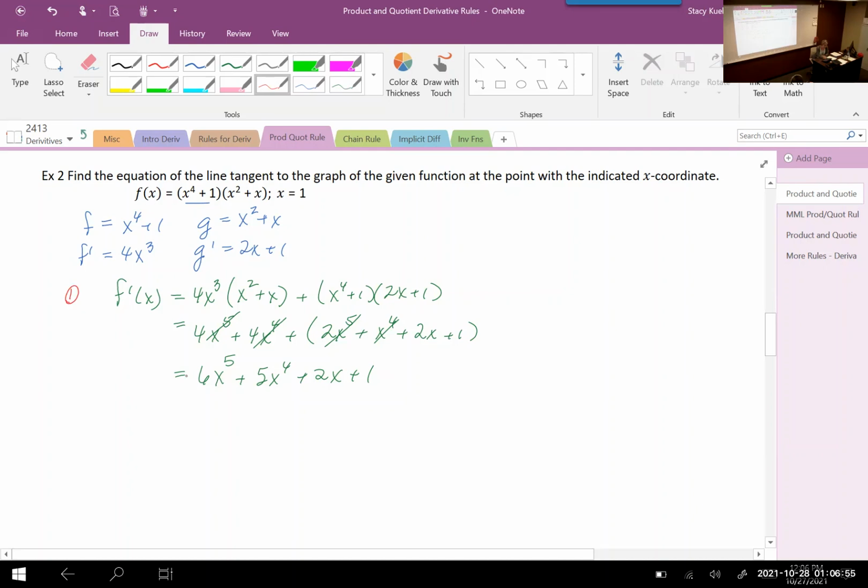Now that we know what the derivative is, let's find the slope at x is equal to 1. Right? The slope when x is equal to 1. So the slope is going to be equal to the derivative evaluated at 1. So 6 times 1 to the 5th plus 5 times 1 to the 4th, 2 times 1 plus 1.